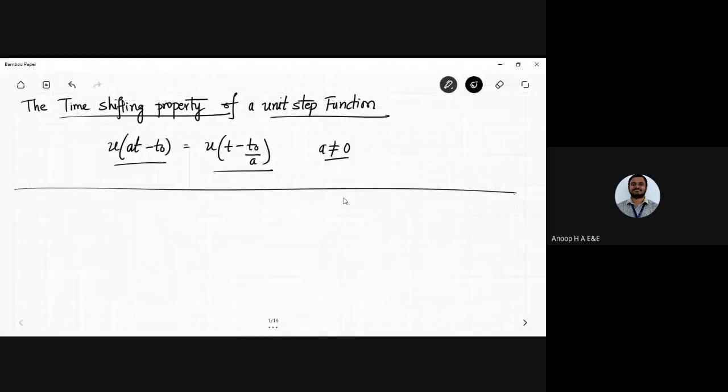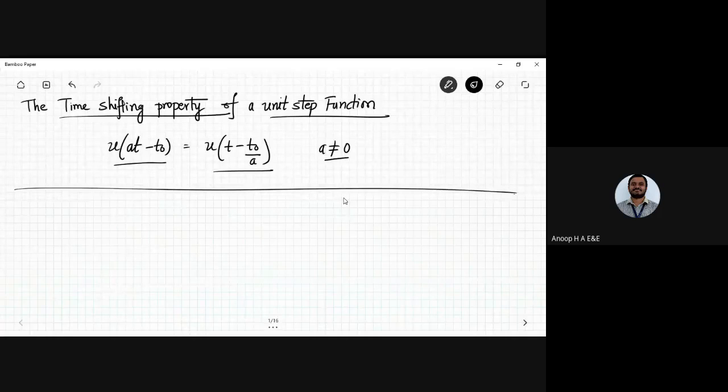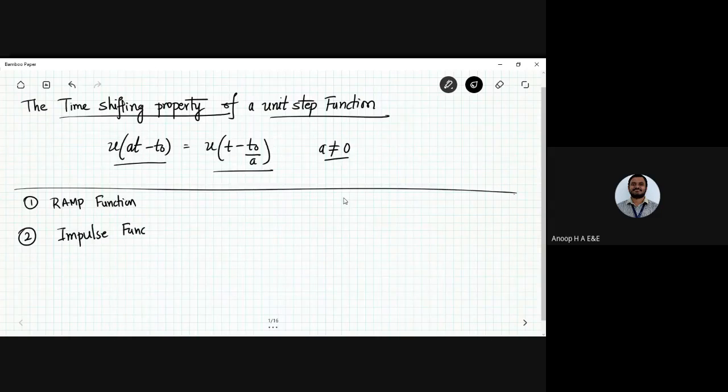So, in today's class, we are going to discuss the time shifting property of a unit step function. Later on, we are going to discuss the ramp signal. Next, we are going to discuss the very well-known impulse function.